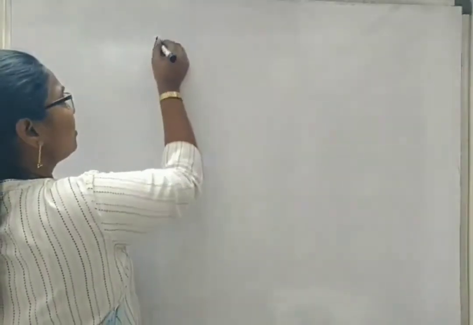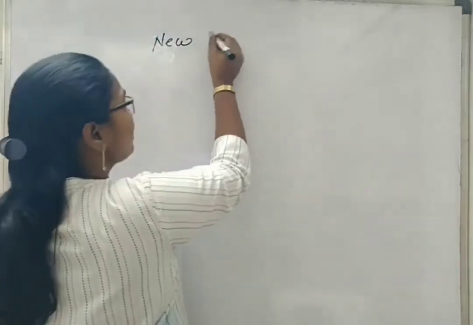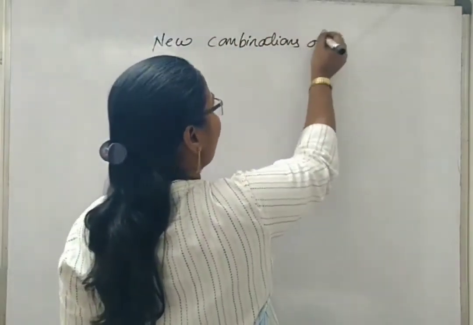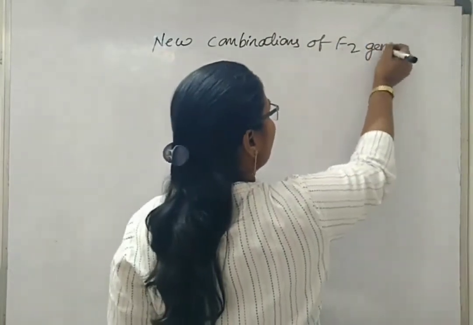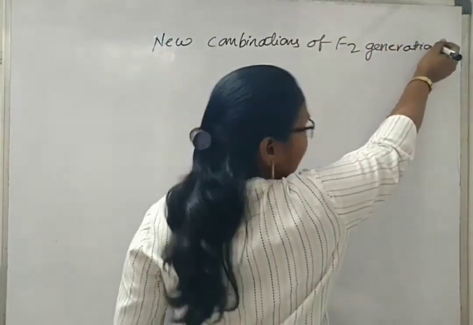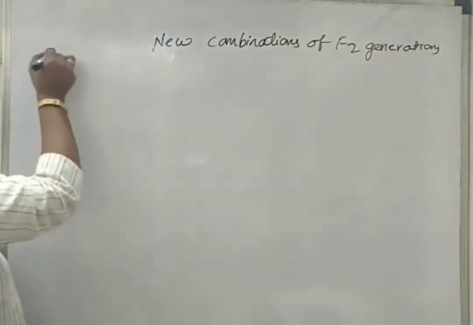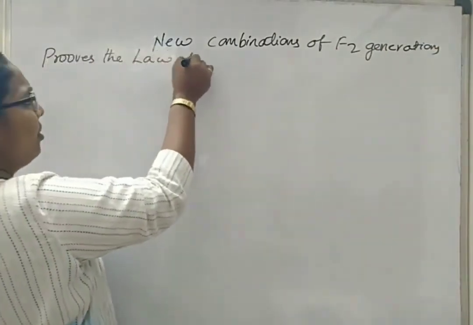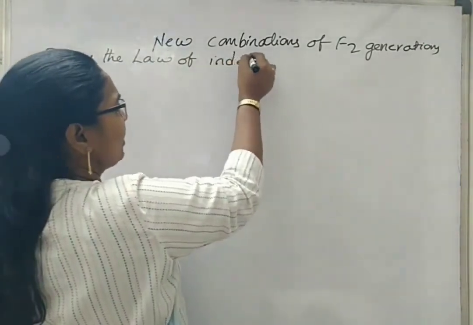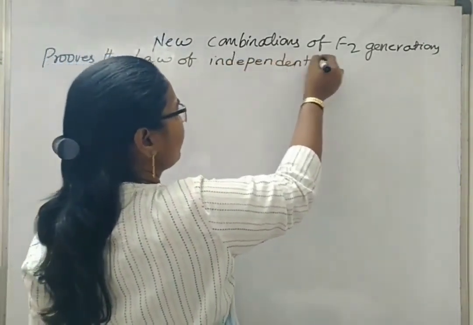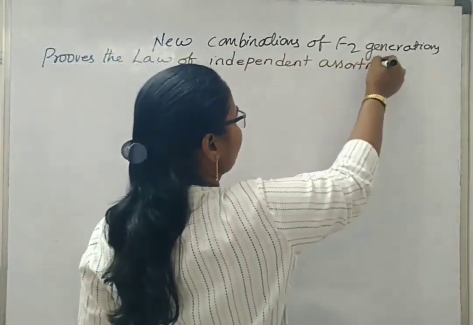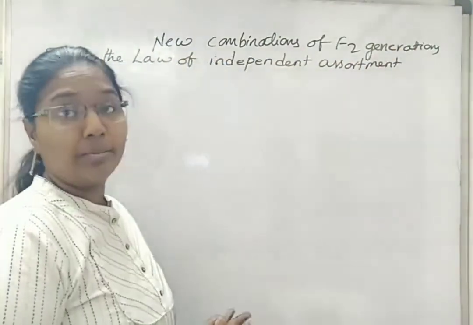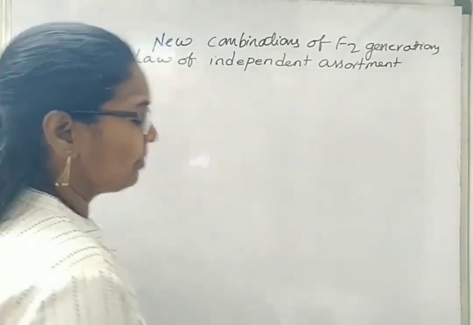Now, new combinations of F2 generation prove the law of independent assortment. This can be a good statement to learn for your MCQ point.